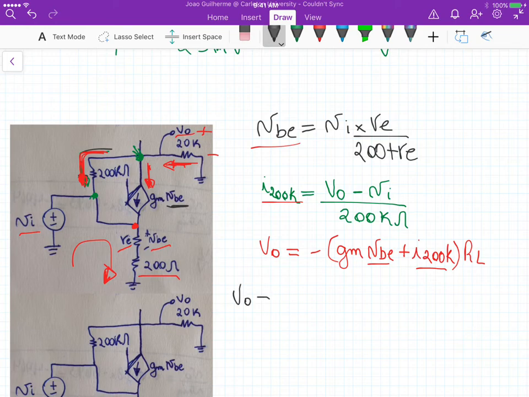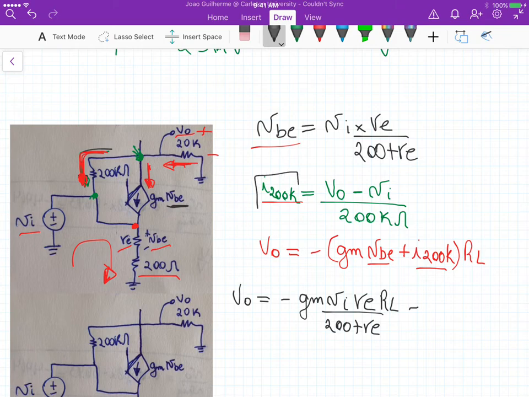So V naught equals minus gm times VI times re divided by 200 plus re, that's VBE, times the load resistance, minus this current here times the load resistance. So it's V out minus VI times the load resistance divided by 200k.